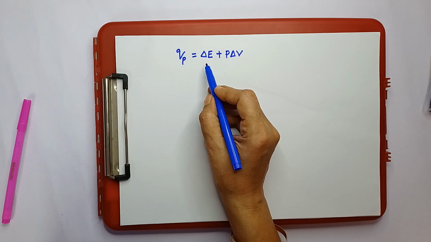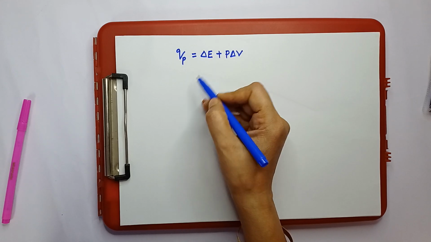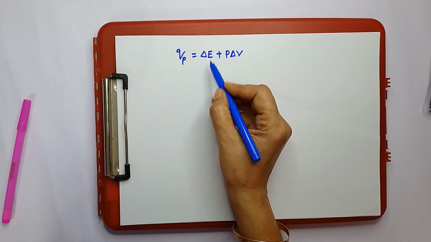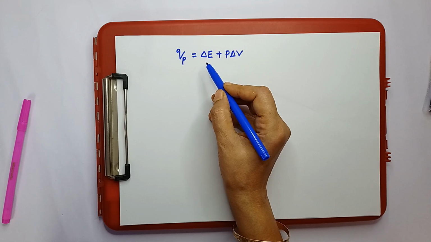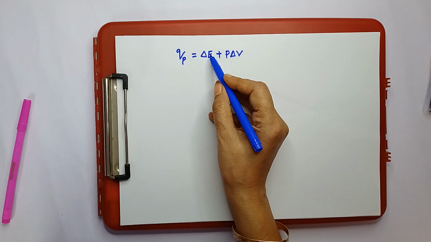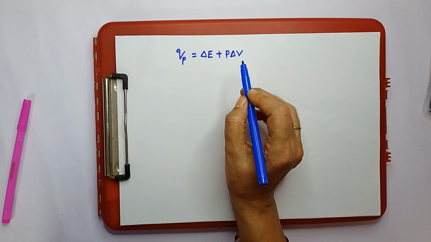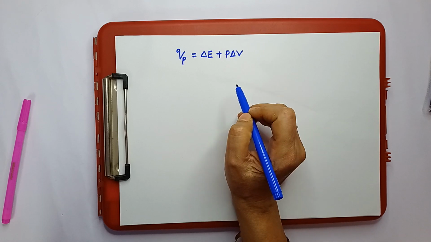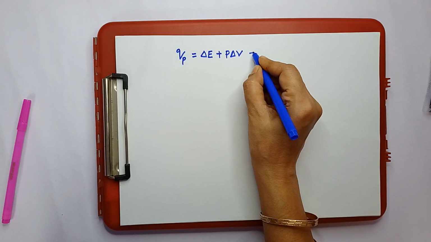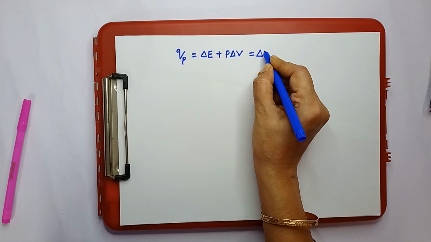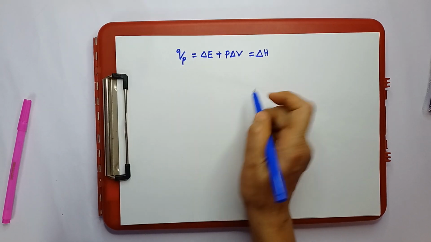One part increases the internal energy, that means it increases the thermal energy. Therefore, the temperature increases. Increase in internal energy means increase in temperature. Another part performs the pressure volume work. And then we have seen that this is equal to delta H, the change in enthalpy.